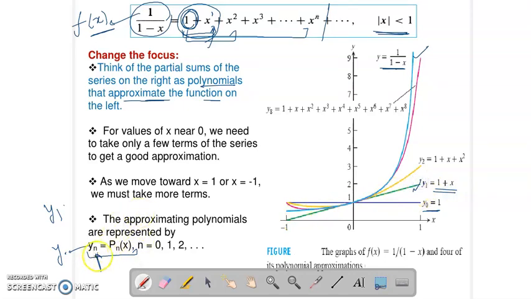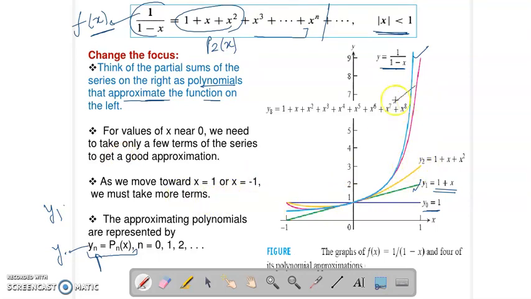Likewise, you will have y2 equals p2 of x, that is a polynomial of degree 2. So we go till 1 plus x plus x squared. So this is p2 of x. Okay, and you see that y2 is represented with this yellow curve. So this is y2 of x.